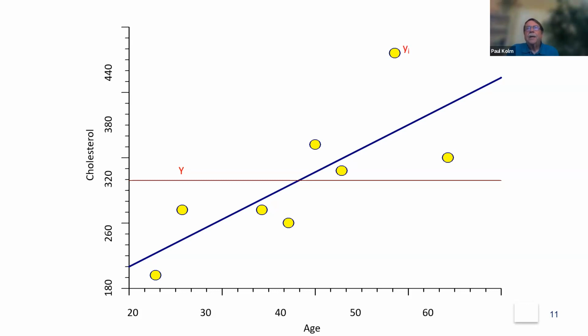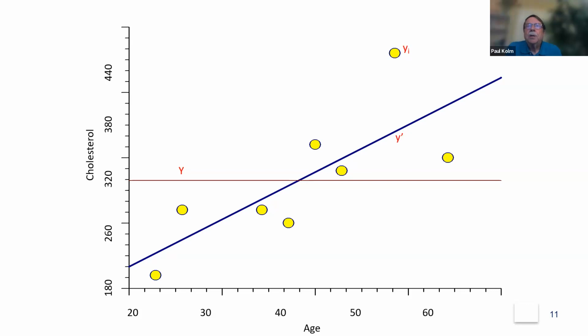That is, this is the actual value for an individual patient that represents his or her age and cholesterol level, and we'll designate that as little y sub i. And then our regression line, which I've already put in here, will designate as little y prime. And so that's using age as a predictor of cholesterol. This is the regression line that we would get.